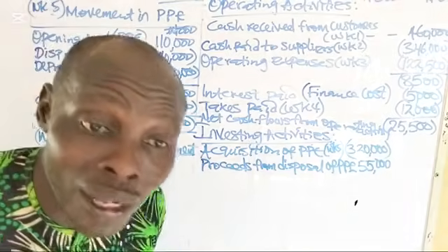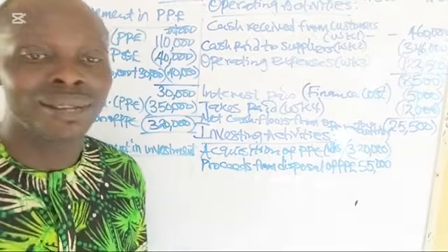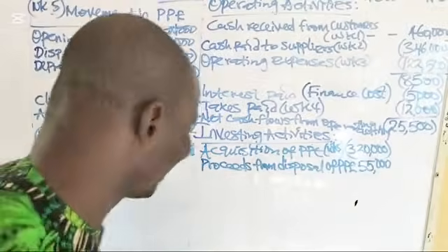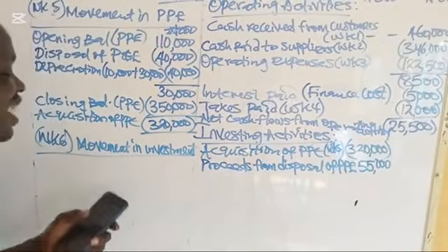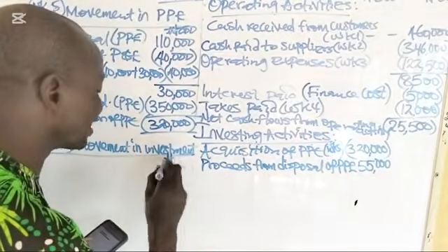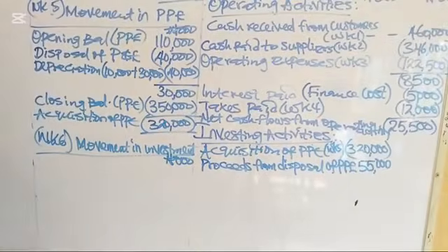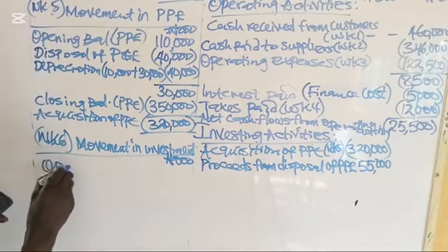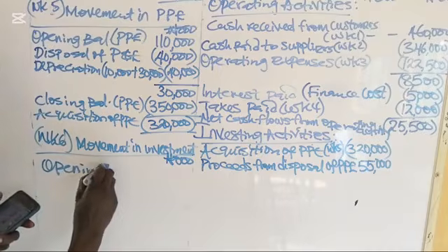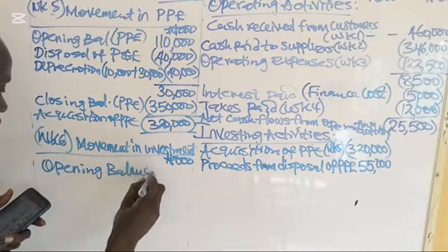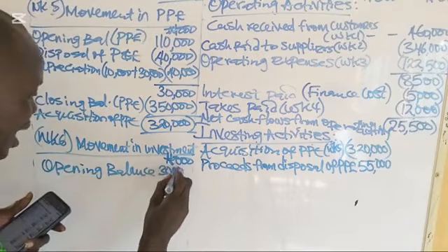So, back to the business. As usual, we start with what? Opening balance. How much is the opening balance? 30,000. Opening balance of 30,000.